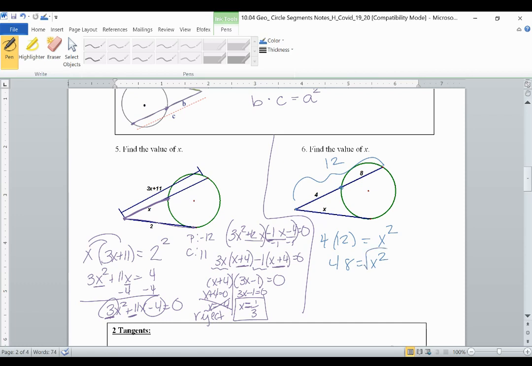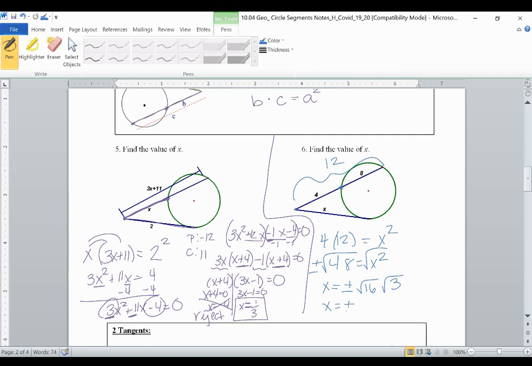So I'm just going to take the square root of each side. And whenever I take the square root, I need to make sure I remember my plus or minus. And I also want to put this one in simplest radical form. So I can take out 16 from 48. And again, if you are unsure of the largest perfect square, you can always do your 48 divided by x and then go through and look for perfect squares. So rad 16 times rad 3.